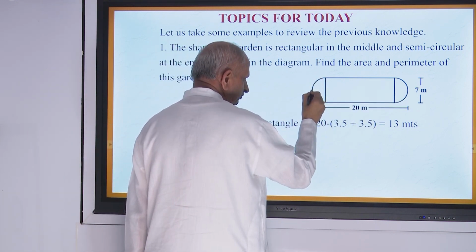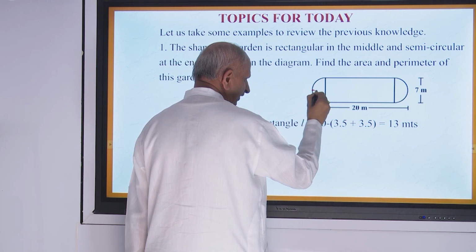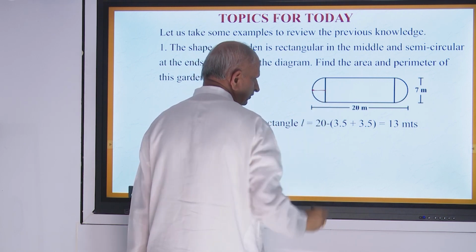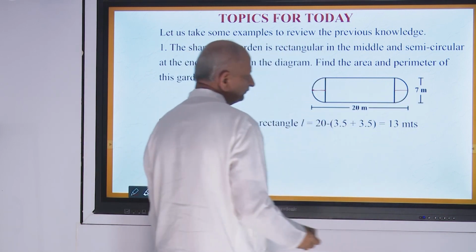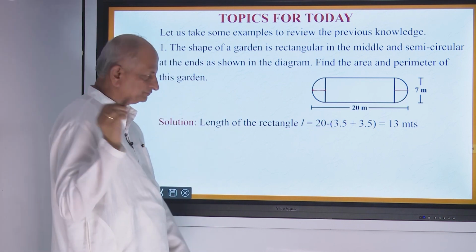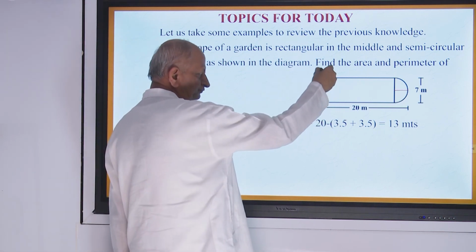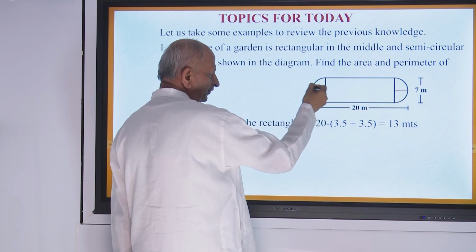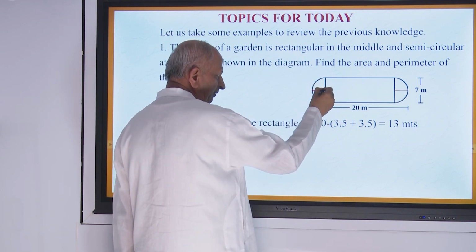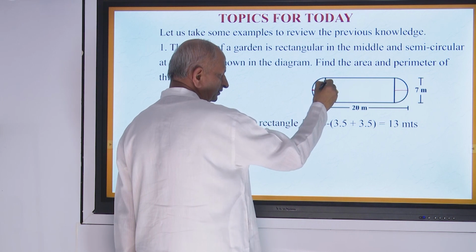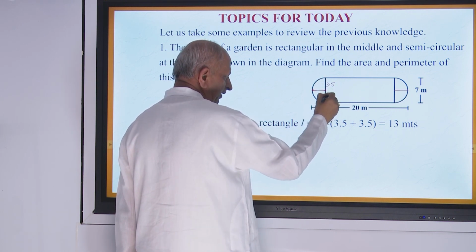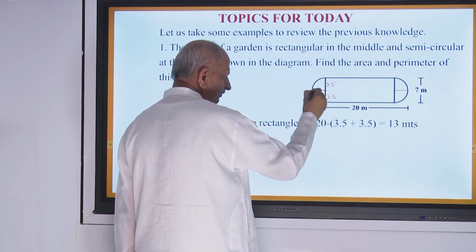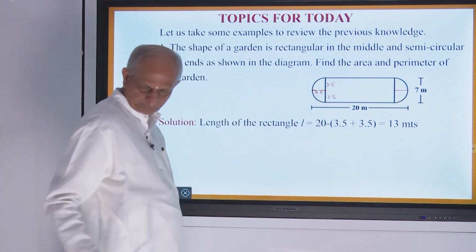So this length is to be subtracted. What is that? That is the radius. That is a key point. This is the breadth, and if we say semicircle, all the radii will be equal. So half of that, if this is 7, this becomes 3.5, and this also becomes 3.5. Followed?